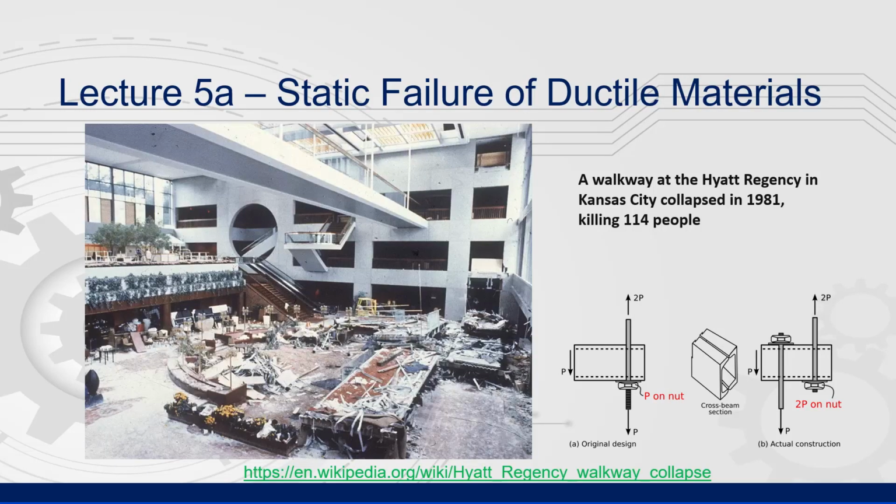On July 17, 1981, two overhead walkways in the Hyatt Regency Hotel in Kansas City, Missouri collapsed, killing 114 people and injuring 216. Loaded with partygoers, the concrete and glass platforms crashed into the lobby floor.